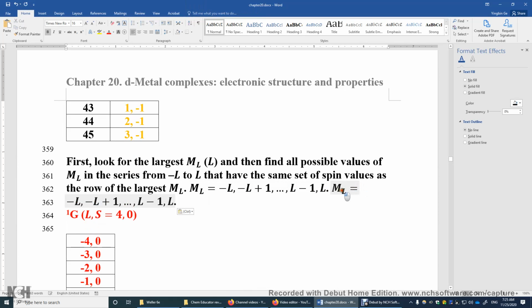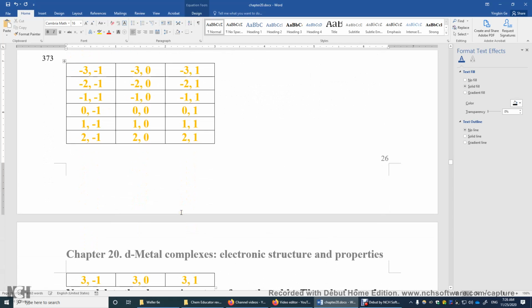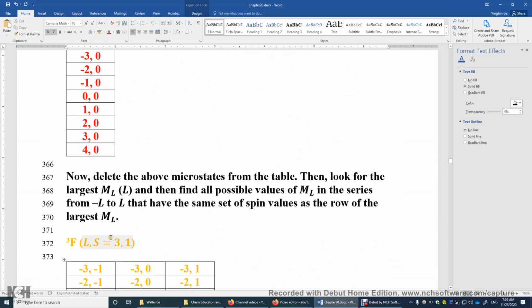This is M sub S. M sub S can only be from negative S plus 1, and then negative S plus 2, etc. So the values between negative S and positive S with an increment of 1 every time. Alright, so that's how we do this.